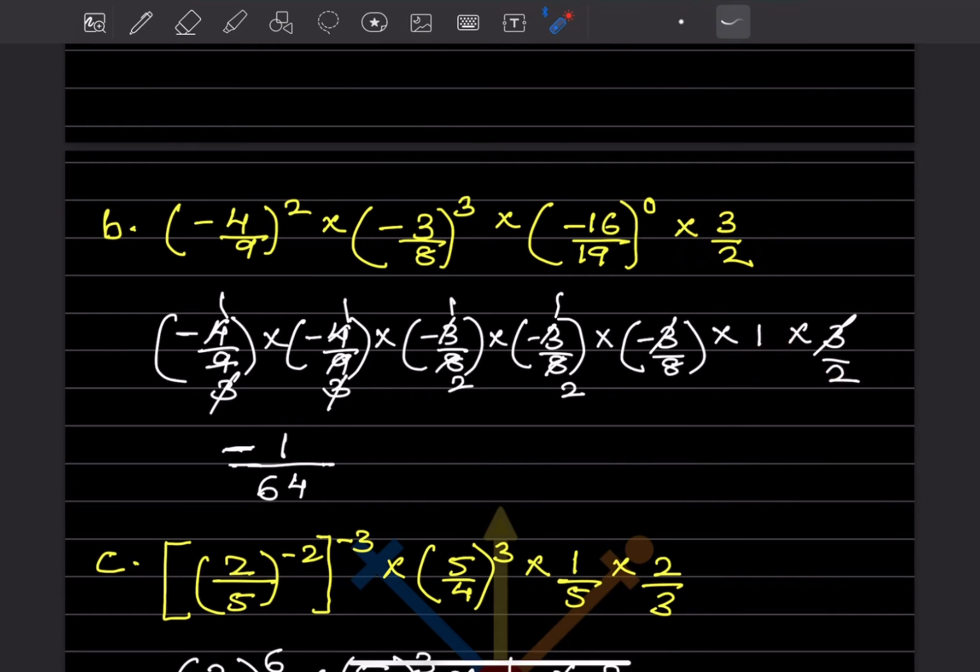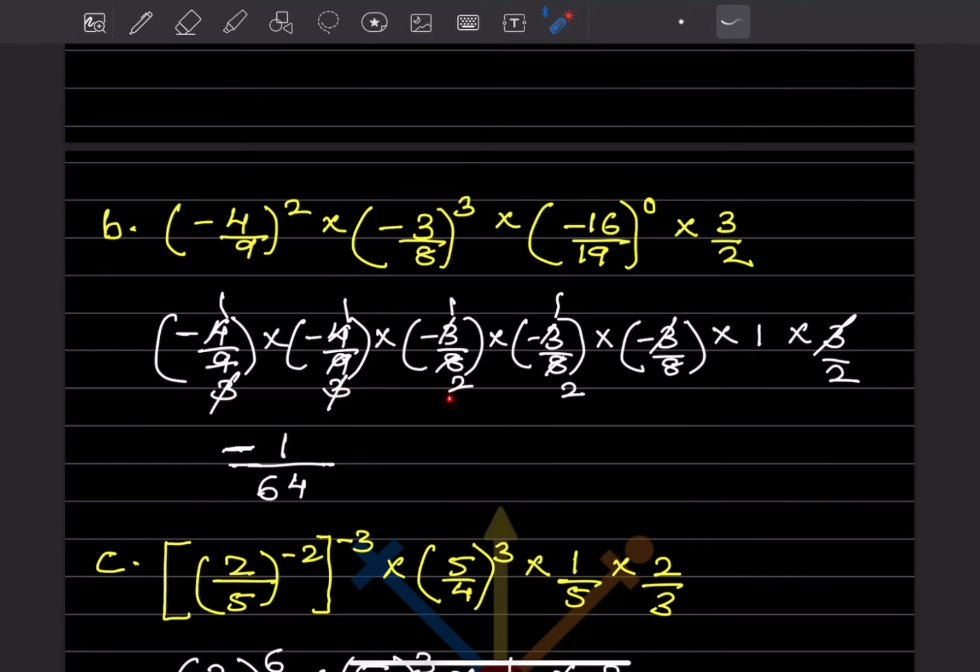So what we can do here: 3 ones are 3 ones, and the 3s get cancelled. Then 4 ones are 4 twos, again 4 ones are 4 twos, so these get cancelled. You can see what is remaining.